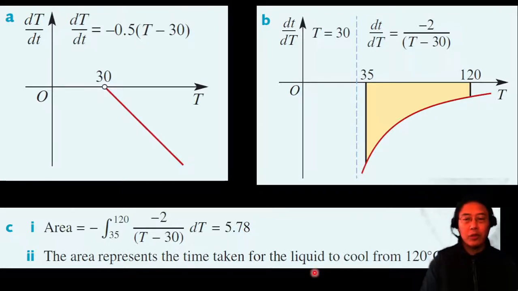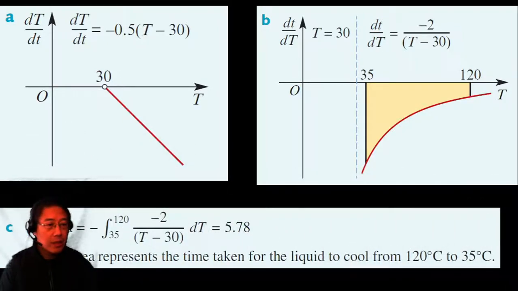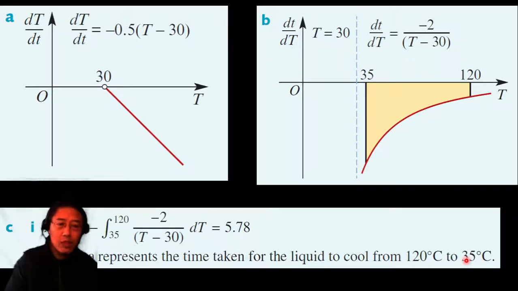As you multiply the units, because that's your dt over dT, I know I'm mixing the same letters, you end up with an answer in seconds. So the area represents the duration, or the time taken for the liquid to change from 120 degrees to 35 degrees, which is a cool down.